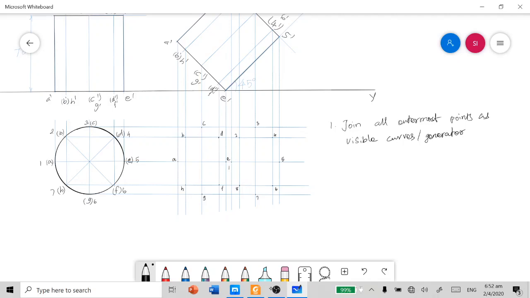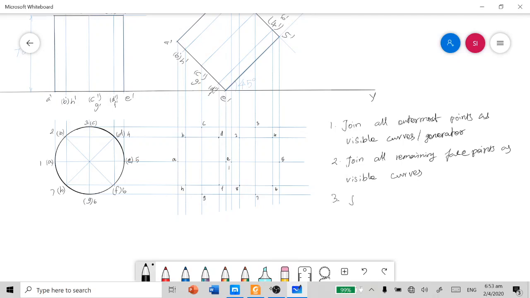And the second rule is how to join all remaining face points as visible curves.